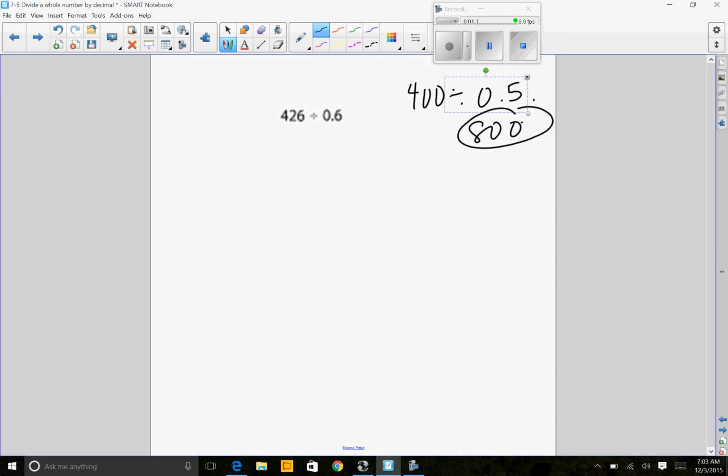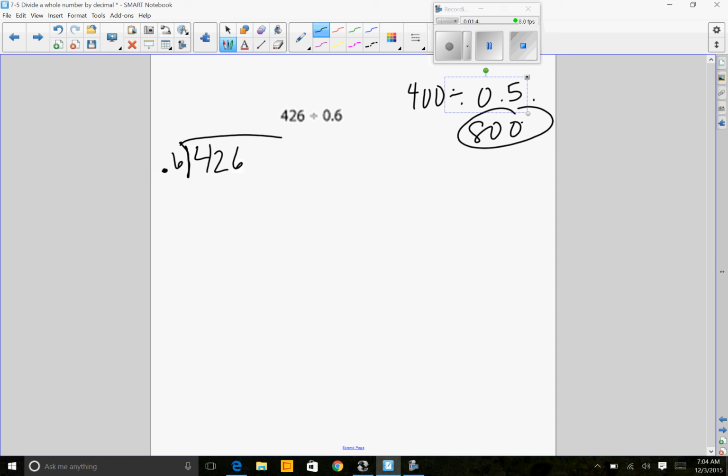To do this though, you have to do an extra step because if we wrote this problem out, it would look like this. This is 426 divided by 0.6. Well, that's kind of a problem because we can't divide by a decimal. So what can we do to get rid of that decimal?